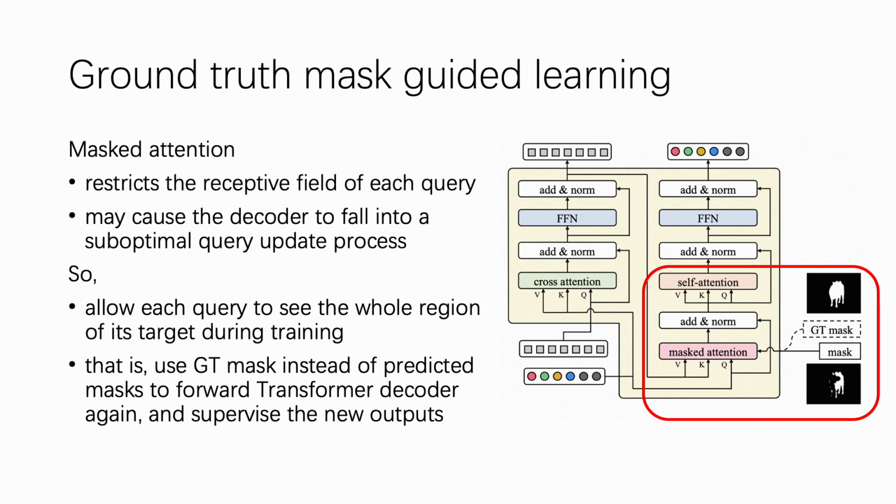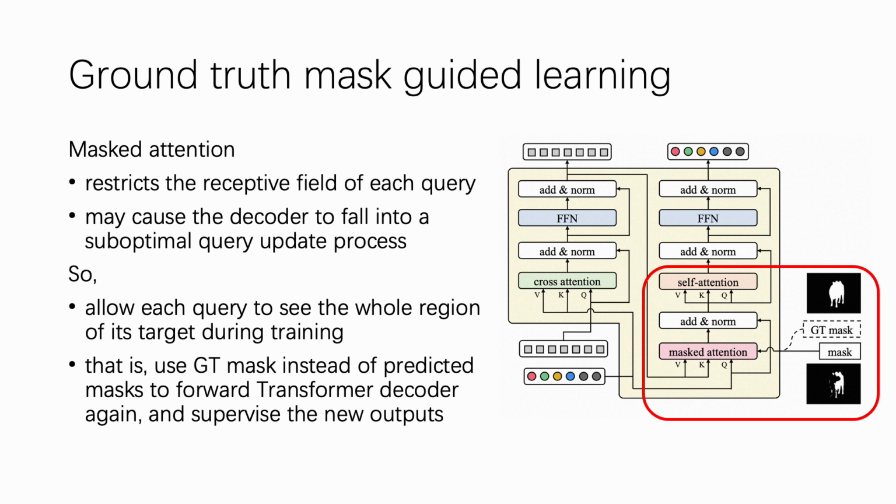The third technique is ground truth mask-guided learning. We employ masked attention in transformer decoder for better segmentation performance as described in Mask2Former. However, masked attention restricts the receptive field of each query and may cause the transformer decoder to fall into a suboptimal query update process.